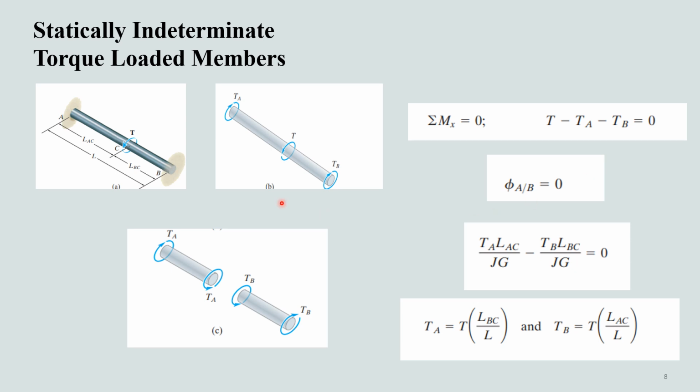So in this case, the kinematic condition is that the rotation of end A with respect to the end B should be equal to 0. Thus, this is the kinematic condition. And now from the previous equation that we have derived, if we substitute this phi A by B by the required torque formulas, we come up with this equation, and now we have two equations and two unknowns, and we can easily determine the unknown torques in this shaft.